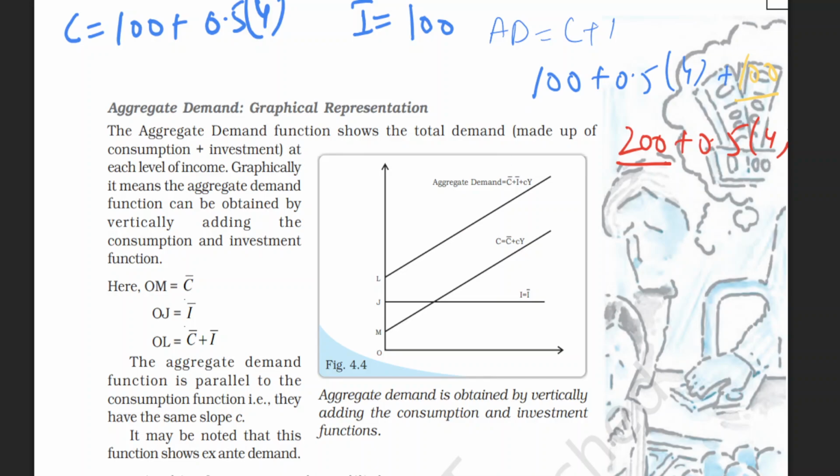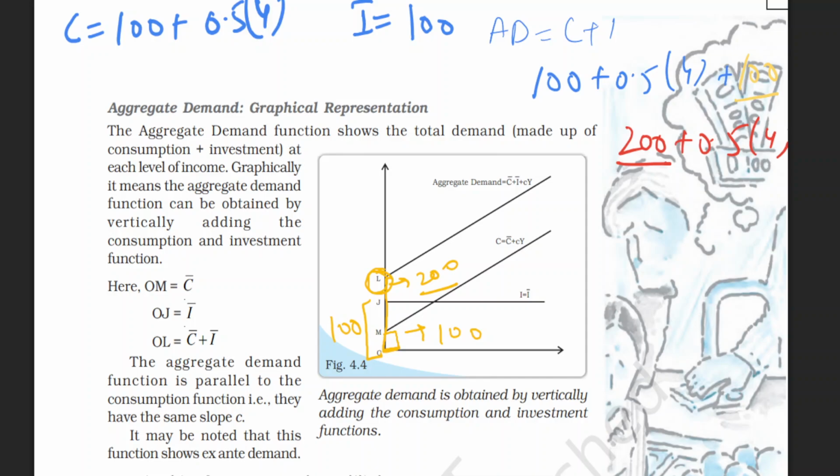Now, let's figure out how it is represented graphically. The gap for the consumption part, which is the autonomous consumption, is this, and the investment part gap is this. If I am talking about this L part, L is basically the gap of C plus I, which is A, equal to 200, a summation of both the things.